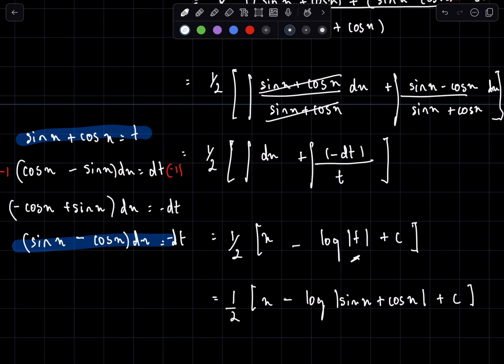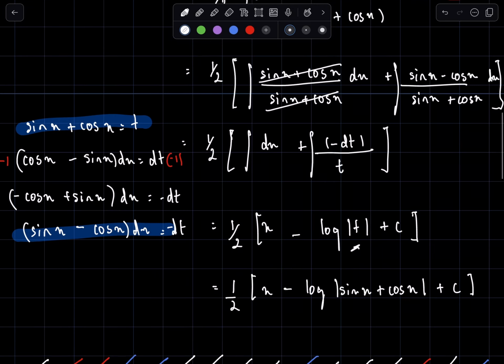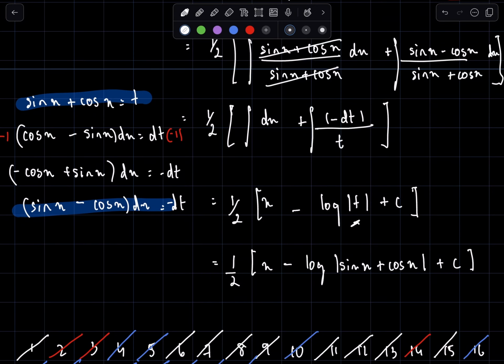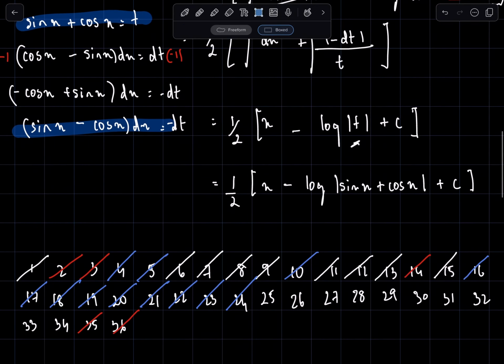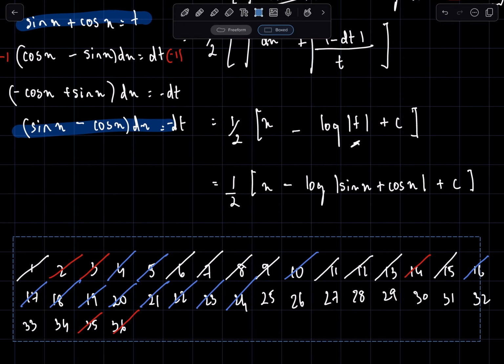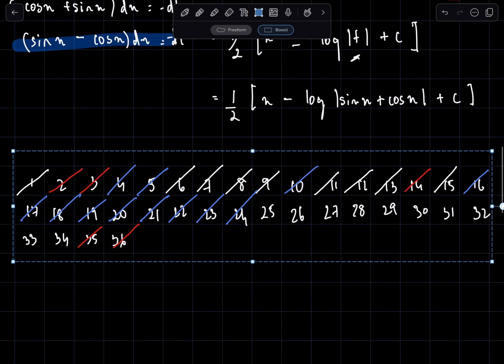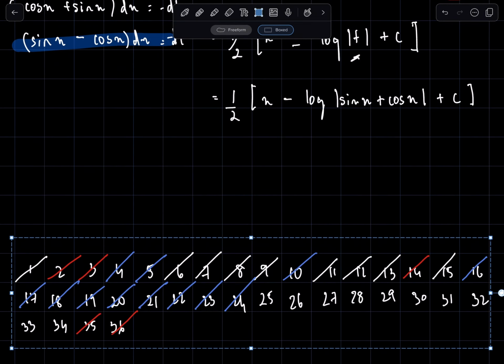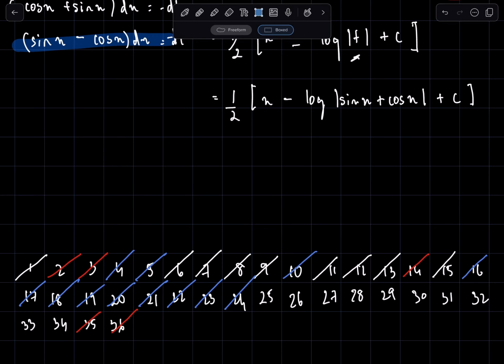Now I don't need to put the brackets there, but let's check our answer if we are right. Let's simplify this too. Okay, this was a long question. I didn't expect this to be that long, but it's an interesting question and you should be practicing this. I would suggest that you mark this on your practice.